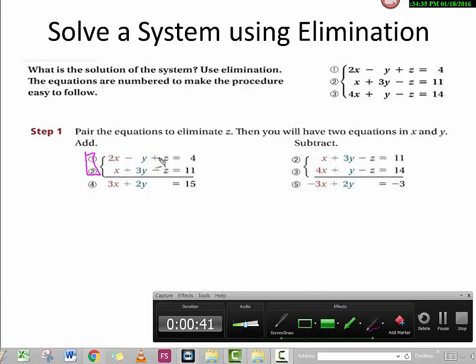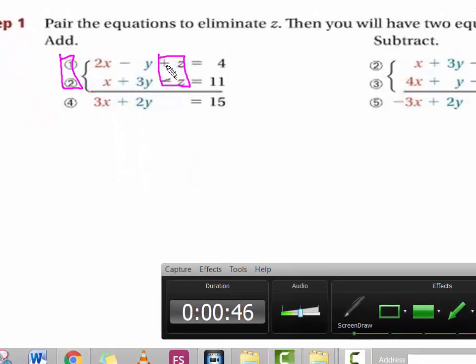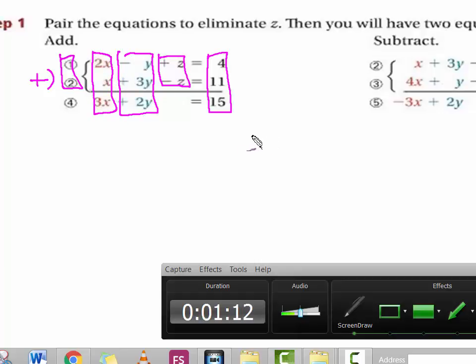Since I see there's a different sign before these 2 z's, the first one is plus 1z, the other one is minus 1z, the operation between these 2 equations is addition. Once we add everything together, 4 plus 11 is 15, minus y plus 3y gives positive 2y, and 2x plus x gives 3x. So after the elimination, we have a new equation number 4.